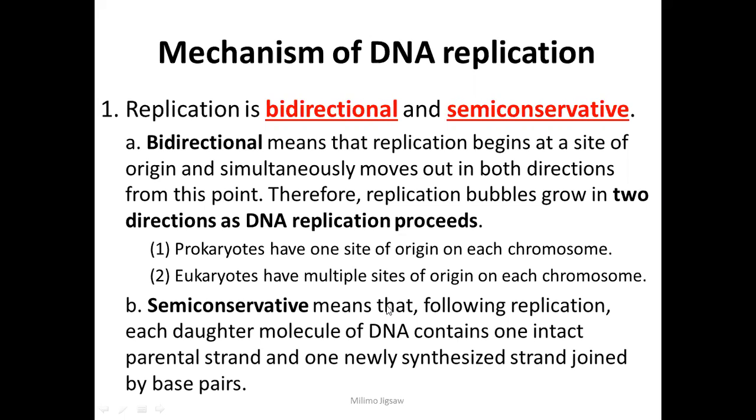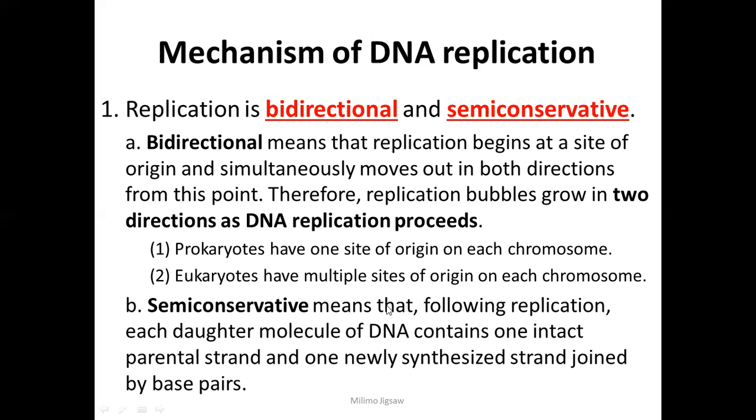So we have unicellular organisms, which are the prokaryotes, and multicellular organisms, which we call the eukaryotes. We are going to look at prokaryotic cells and eukaryotic cells in an individual lesson. However, we find that prokaryotic organisms have only one site of origin of DNA replication.